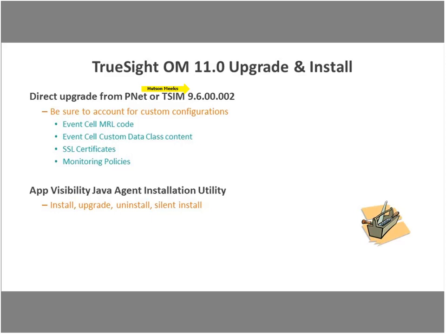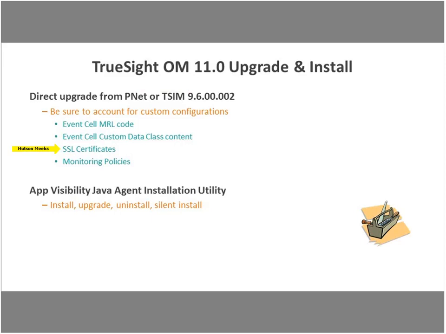Be sure to account for any customizations there, and this would apply to any upgrade or migration as well. I'm pointing this out because you may have a ProactiveNet server out there that's part of your older environment that you're upgrading into a TrueSight 11 stack that you might have stood up. Keep in mind the event cell MRL code and custom data class content: either handle that manually or use a migration CLI.